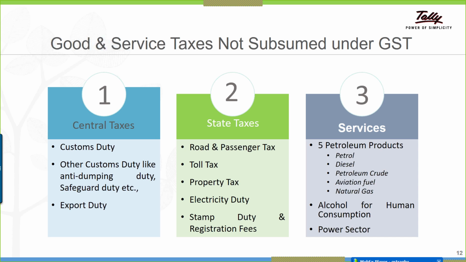And with regard to state, road tax, passenger tax, toll tax, property, stamp duty for registration, those things will continue. The important ones are petrol, diesel, crude oil, aviation fuel, natural gas, and alcohol for human consumption and the power sector. These are still outside GST, and VAT and excise will continue for them.